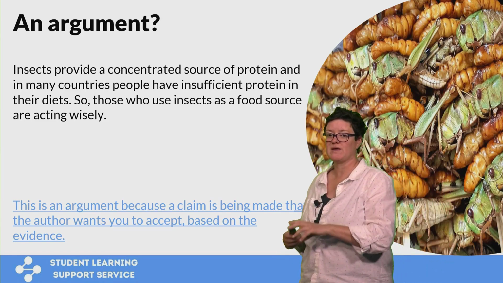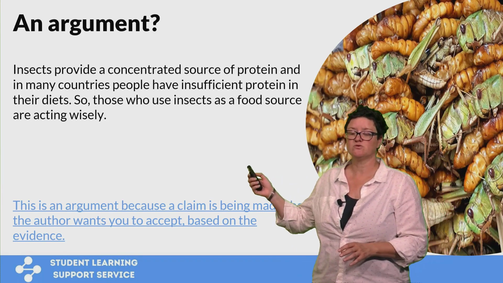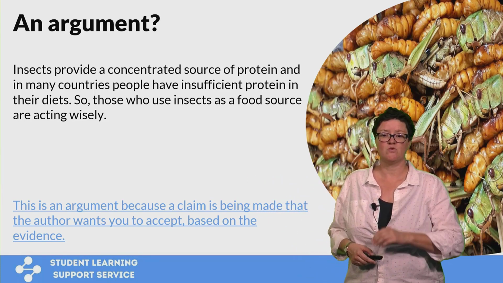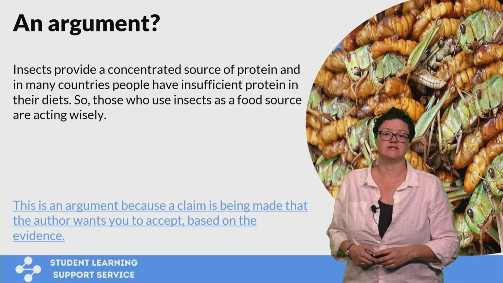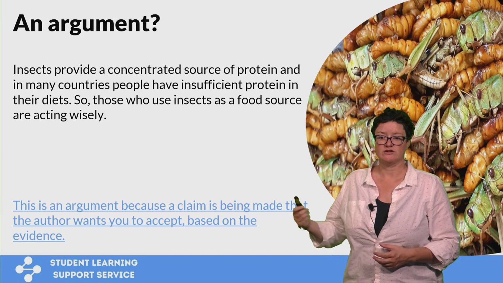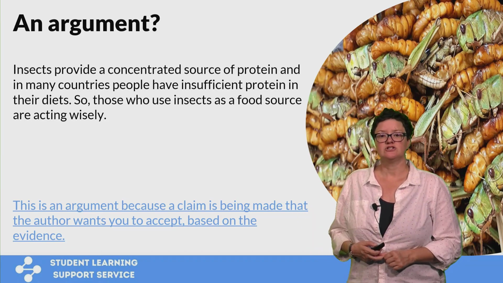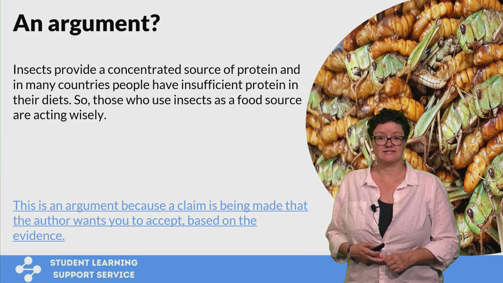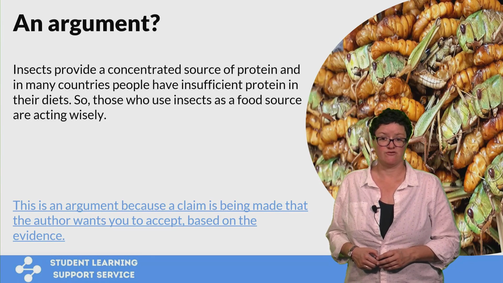We can also see that we have some of that logical connection there in terms of language. Just the simple word "so" tells us that we do have a claim or a conclusion that's been put forward. We could change that word to "therefore" or "because of this." Terms like that indicate to a reader that a claim or a conclusion is being put forward.